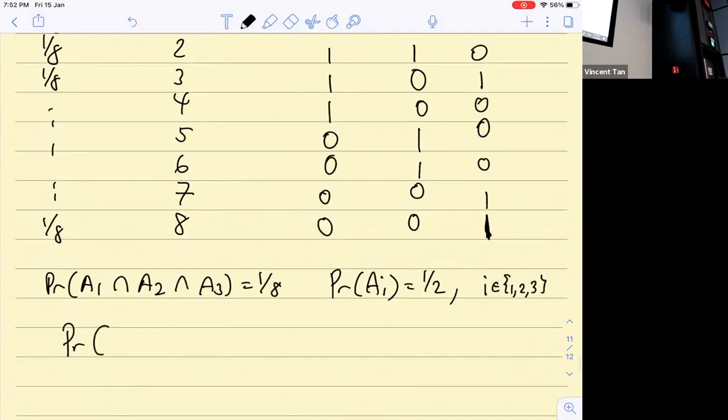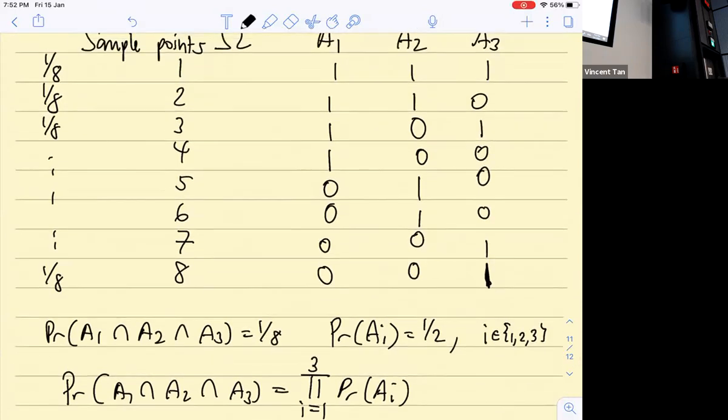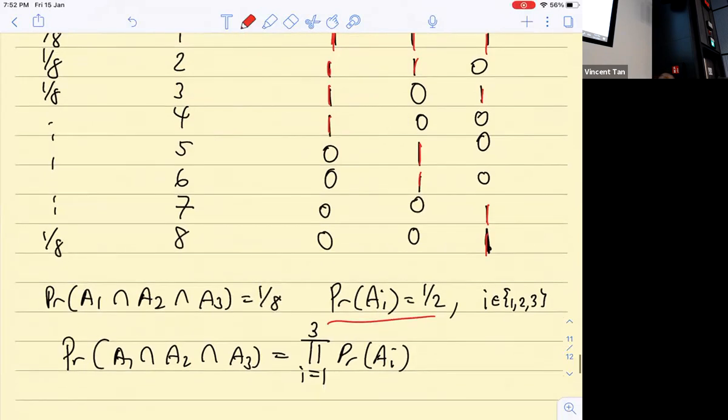So it is clear that the probability of A1 intersect A2 intersect A3 is equal to the product of the probabilities of Ai. Half times half times half is 1/8, as desired. So the triple-wise relation holds.